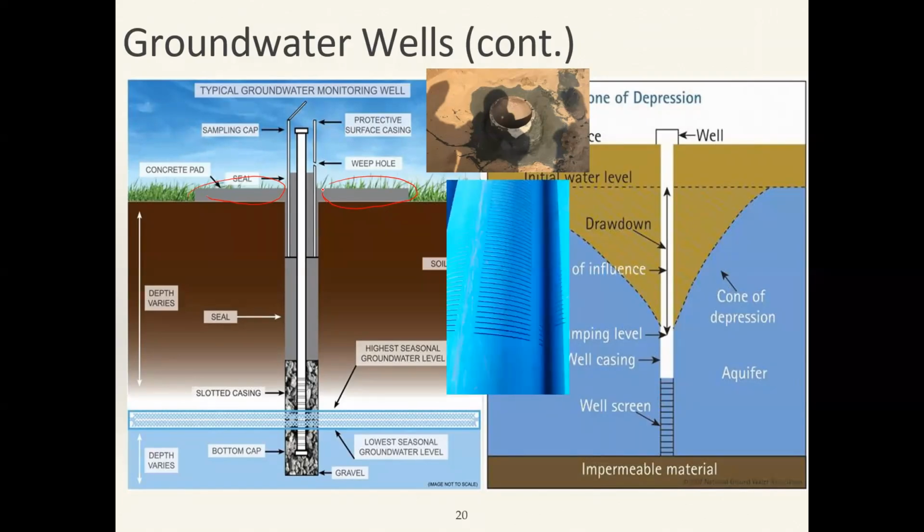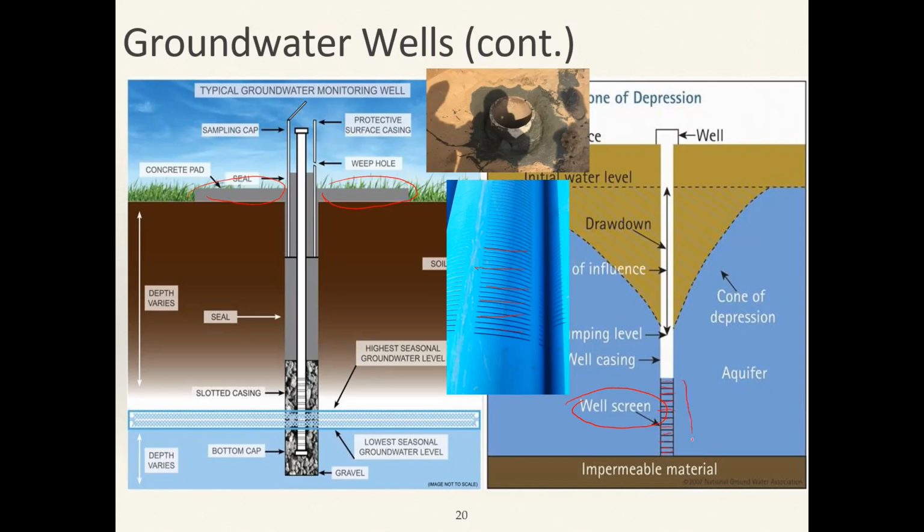Right. Then there is one more important thing called the screen of the well. So, the well screen. This is what you see in a pipe. Not the entire pipe contributes to the water flow. Water can enter into the well only through the screen. Right?